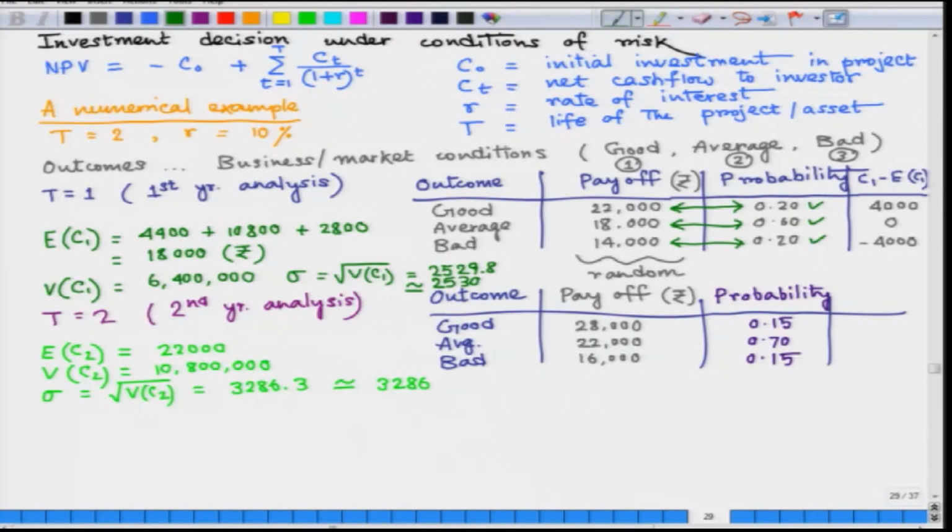So, now we are in a position to compute the mean of the random variable net present value. Let me also assume that C naught has a value of 25,000, the initial investment.